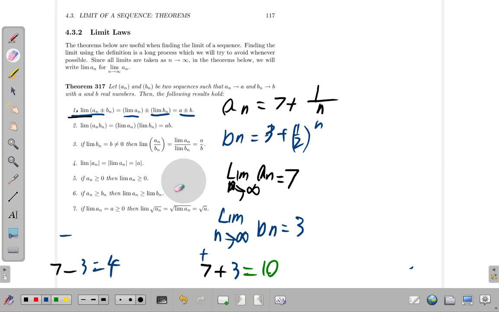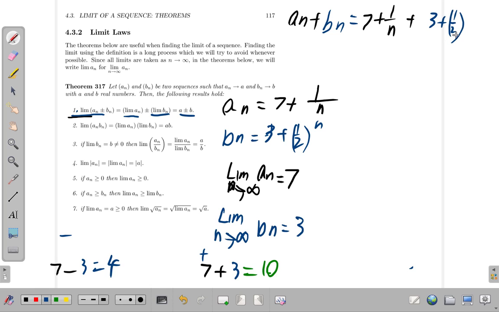Let me rewrite it. an plus bn is equal to 7 plus 1 over n plus, for bn, 3 plus half to the power of n.